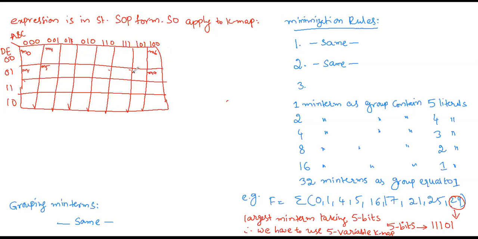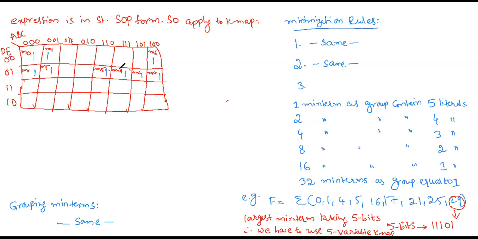This is the M21 box, this is M25, and this is M29. Okay. Now in the corresponding boxes, keep 1. So we have 1 in the corresponding boxes.